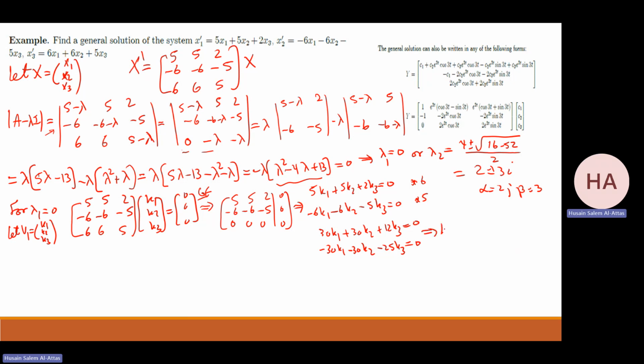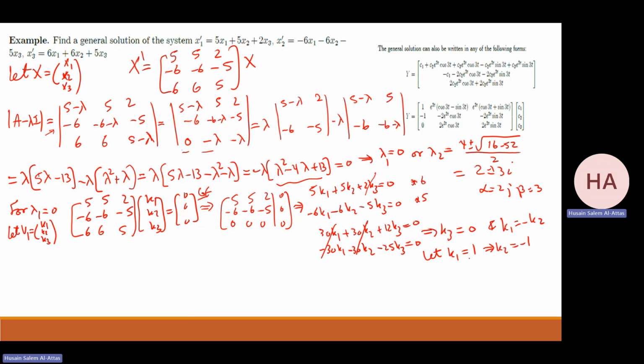For sure, I'm getting k3 equals 0, because this will be cancelled. You have something times k3 equals 0, so k3 equals 0. If k3 equals 0, I have k1 equal minus k2. So I let k1 to be 1. I get k2 equal minus 1.